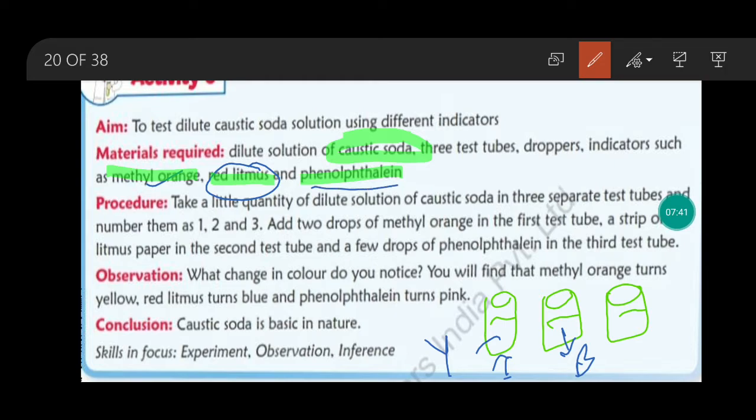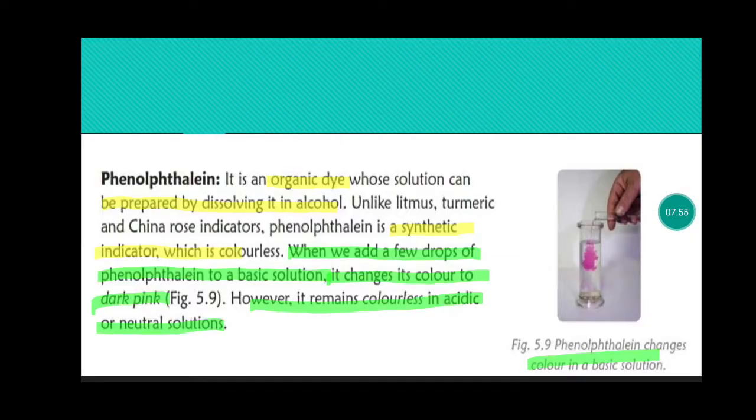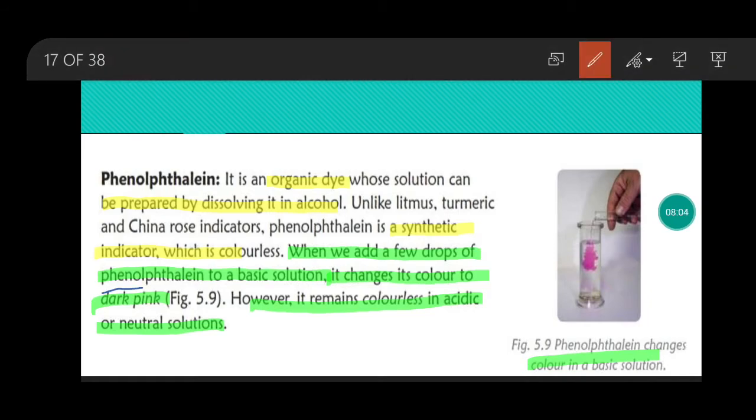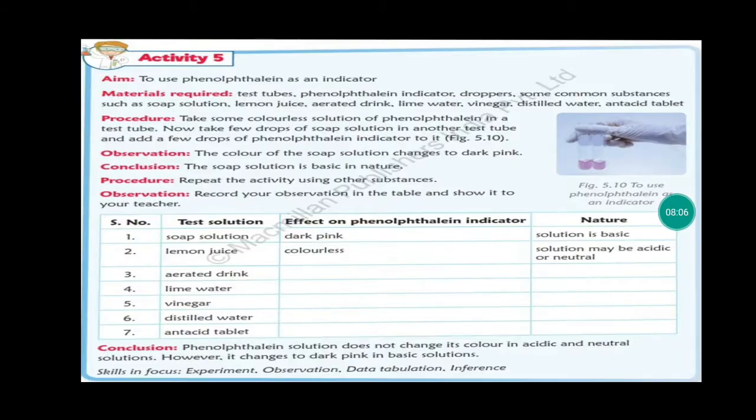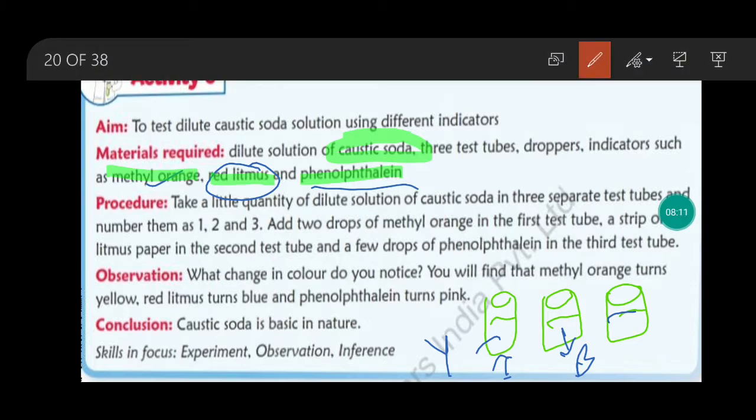And if we use phenolphthalein in the basic solution, its color changes into dark pink. Just mark that down: dark pink.